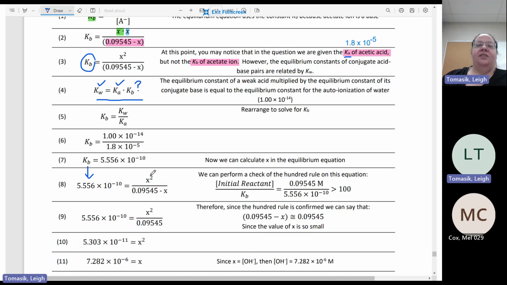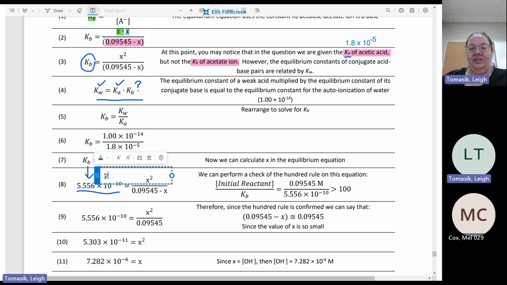This is starting to look bad because we can't use the perfect square rule, because the bottom is not a perfect square. X is to the power of 1. So we're going to try another little trick. This is a weak acid, so that means Ka and Kb are all small numbers, right? Kb is times 10 to the negative 10. This is very small.